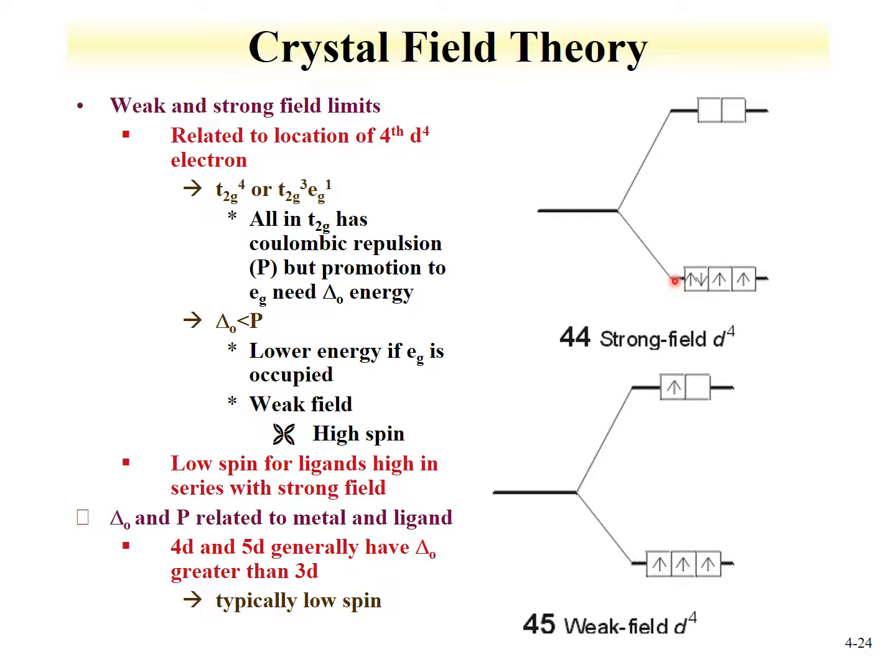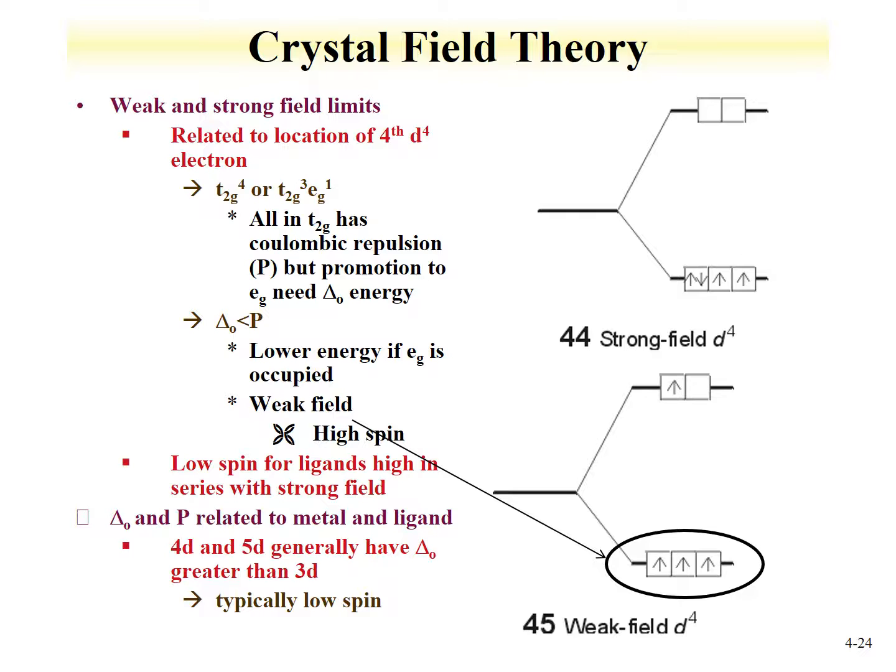We can either put all four electrons in the T2g, or if the energy difference from the T2g to the eg is relatively small, I can put 3 electrons in the T2g and 1 in the eg. These are described as weak fields, and in the weak field, I'm going to have all 4 electrons unpaired.